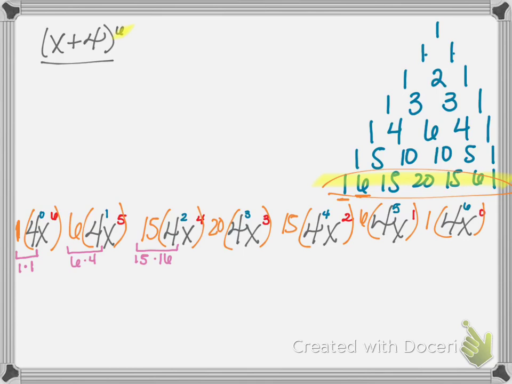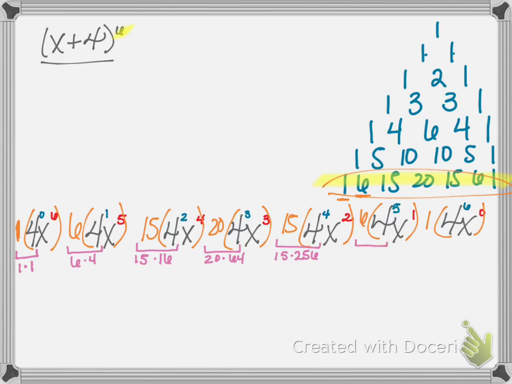Hold on, I'm having calculator difficulties. All right, so then our next one would be 20 times 64. Keep going. This will be 15 times 256.